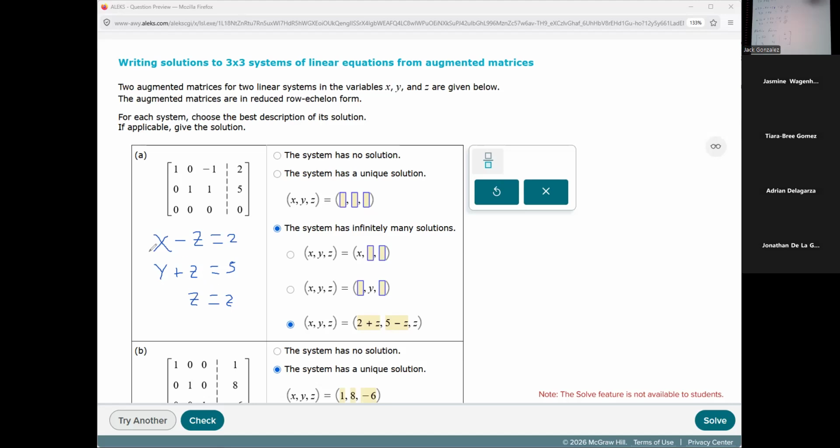If you solve for x and y in terms of z, you're going to get these two. Move the z over and you get x equal to 2 plus z. Move the z over and you get y equals 5 minus z.